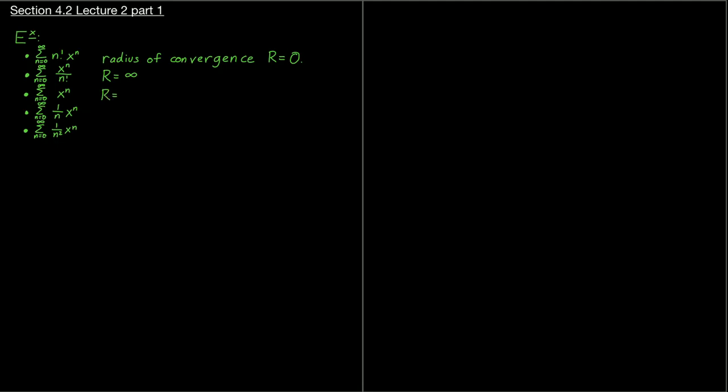And all 3 of these have radius of convergence 1. You can use the ratio test. We know from proposition 1.4.4 that the radius of convergence of the geometric series is 1. And you can prove without too much trouble that these other guys have radius of convergence 1. Ratio test will do it.